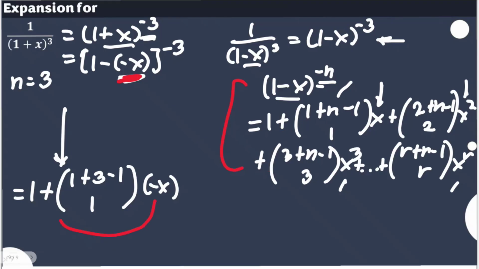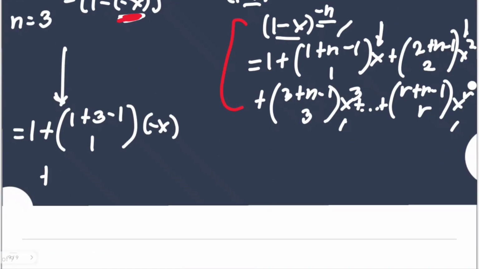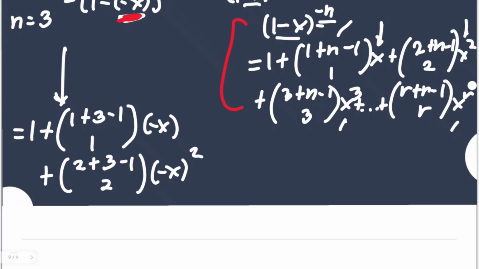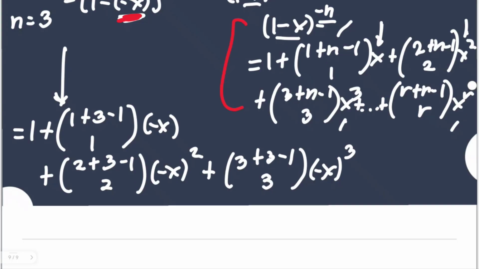For our x squared, that's 2 plus 3 minus 1, combination 2, with negative x squared. Again, it's positive because you're squaring a negative expression. You have plus 3 plus 3 minus 1, combination 3, with your negative x cubed. Just simply enter this in the generalized one: r plus n minus 1, combination r, of negative x raised to r.